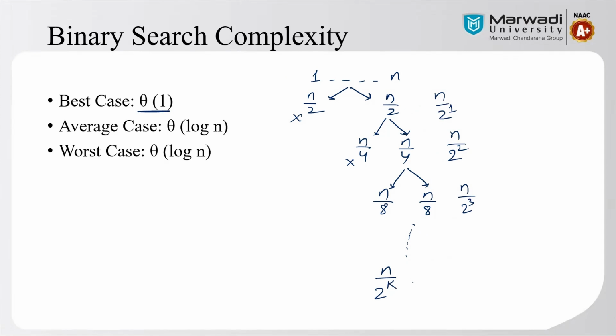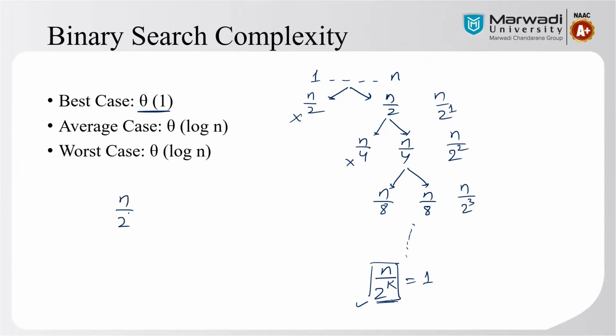In the same way, if we repeat it k times, the list will become n by 2 raised to the power k. And finally, this list will become equal to 1, meaning only one element will be left in the end. In the worst case, the last element will be left. So n by 2 raised to the power k is equal to 1.